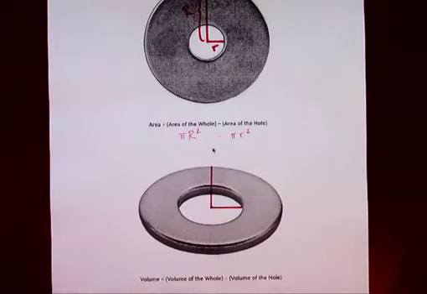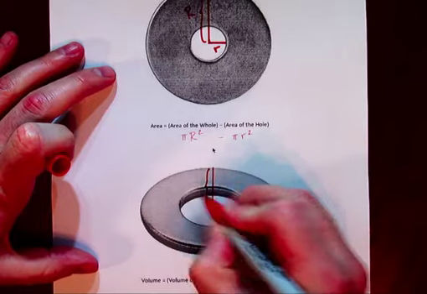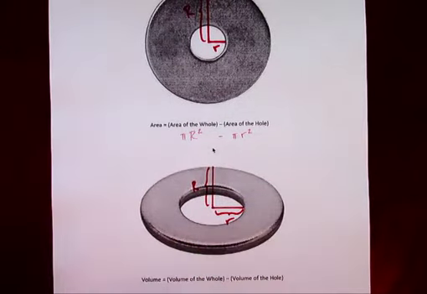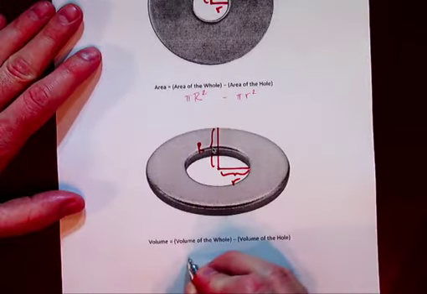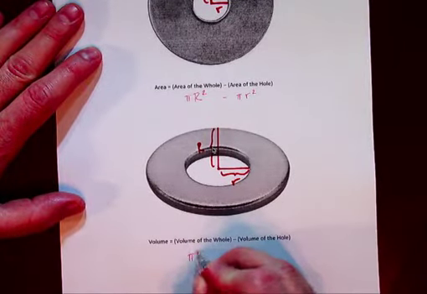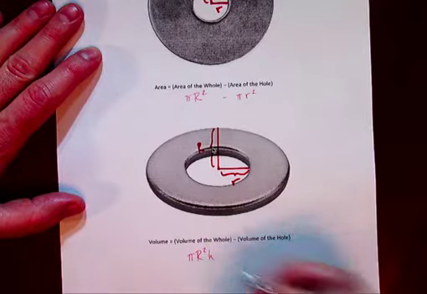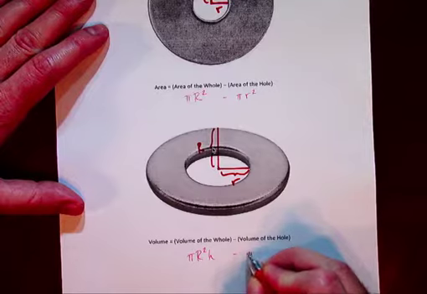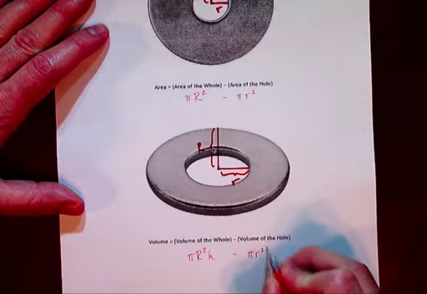Now, in this particular case, remember that this is big R because it's the larger one, and that's small r. And so the volume of the whole is pi big R squared h, and the volume of the small one is pi small r squared h.